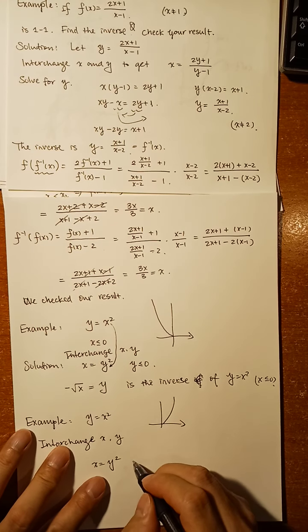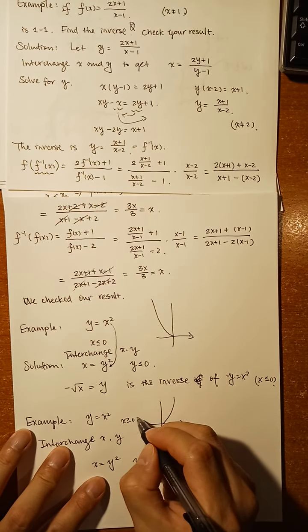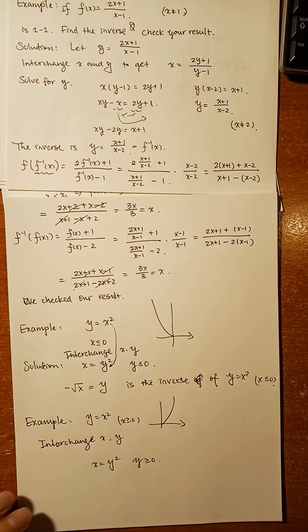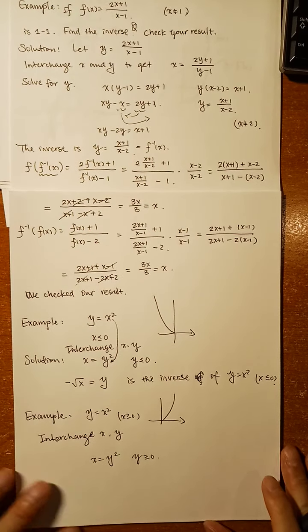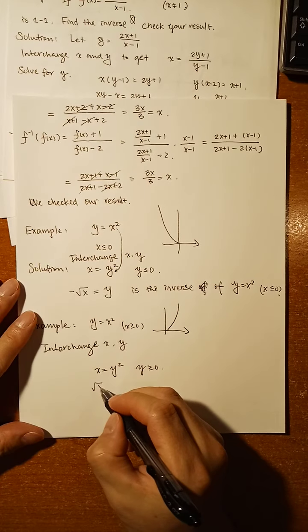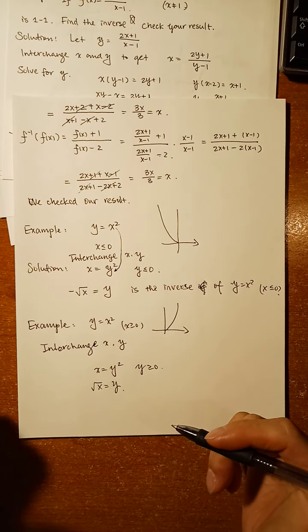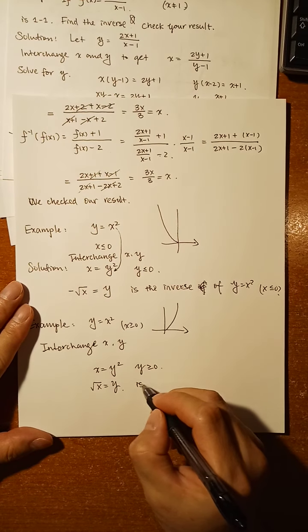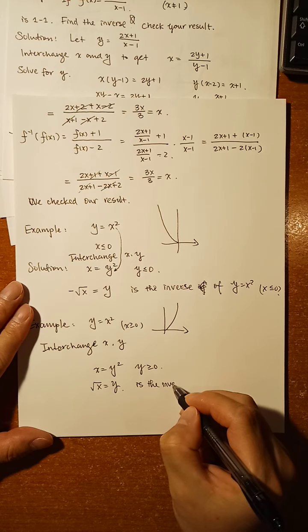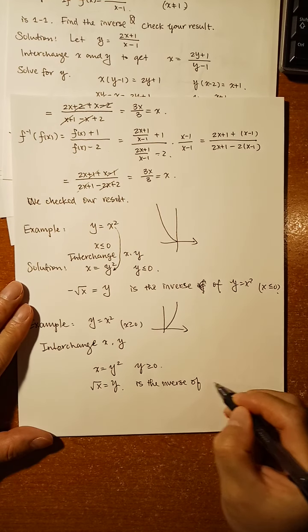And in this case, y is greater than or equal to 0. You can directly apply the square root. In this case, y is greater than or equal to 0. They match perfectly. So this is the inverse of y equals x squared.